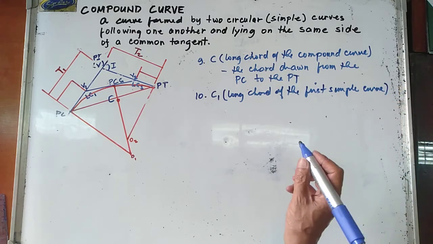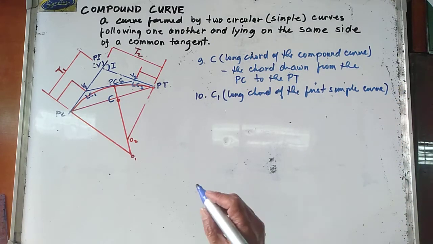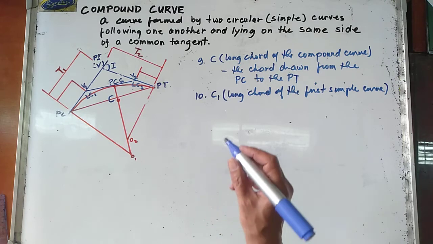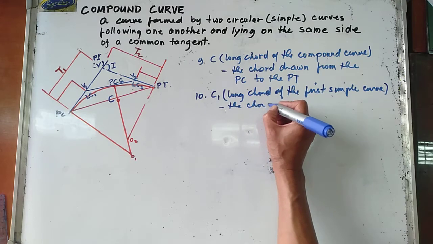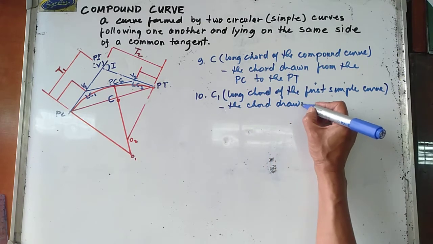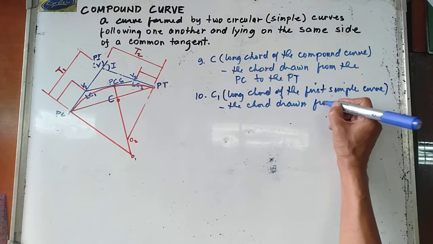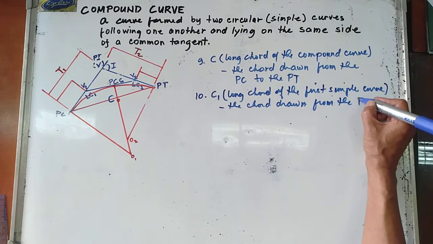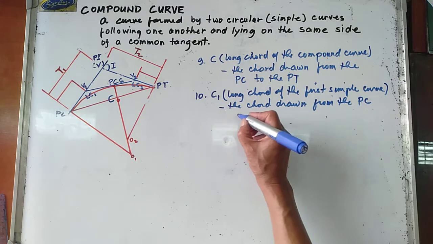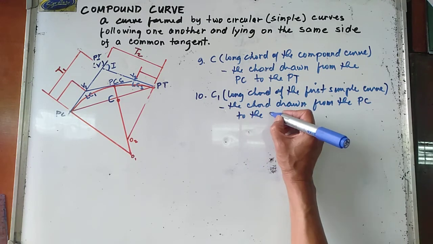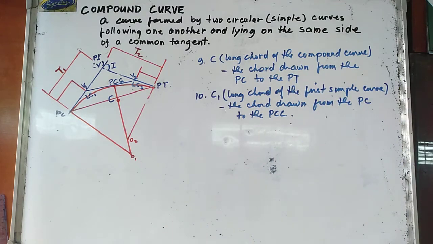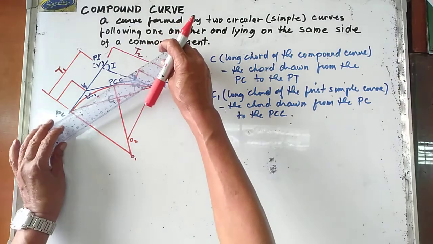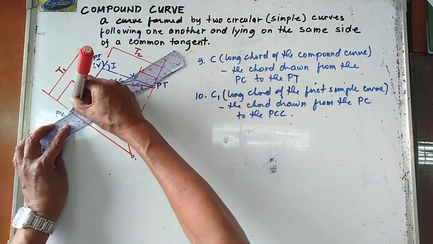The long chord of the first simple curve is the chord drawn from the PC to the PCC of the compound curve. So this is therefore your C1.